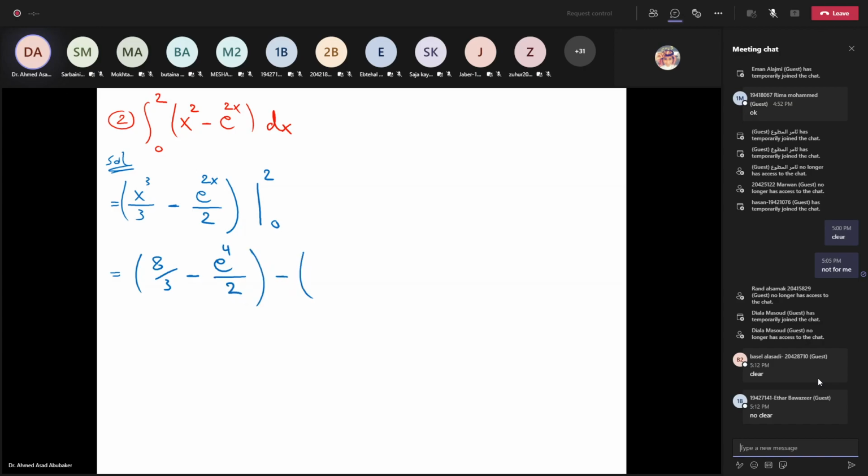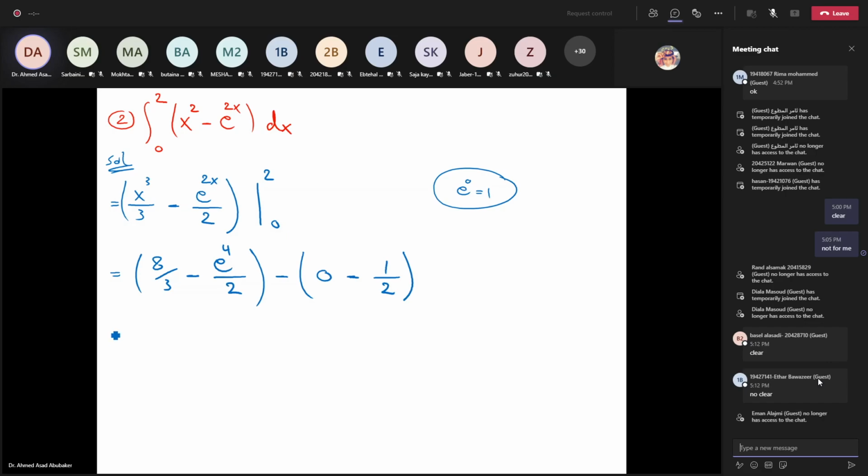Substitute 0, we have 0 over 3 minus e to the power 0 over 2. Any number to the power 0 must be equal to 1, so we have 1 over 2. Now we have 8 over 3 minus e to the power 4 over 2 plus 1 over 2.